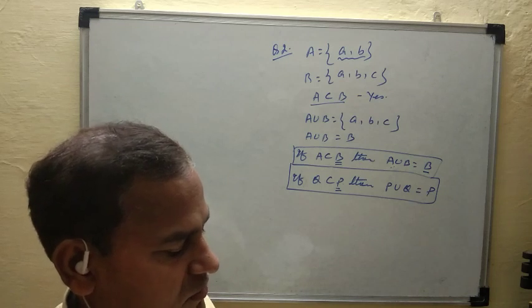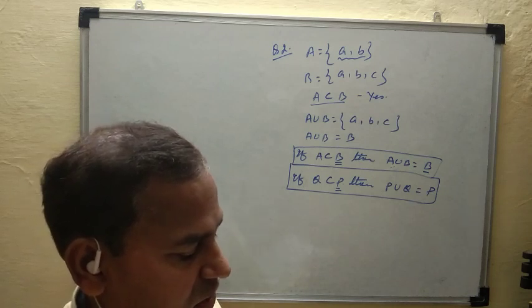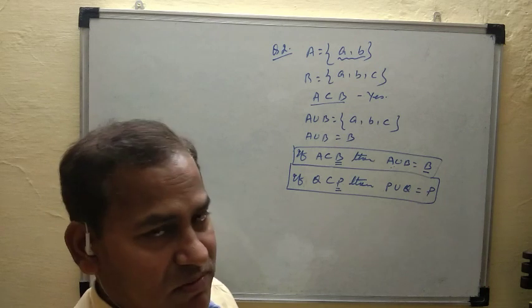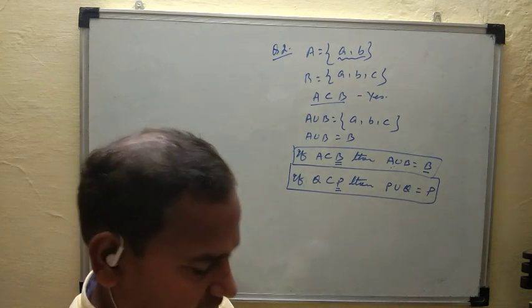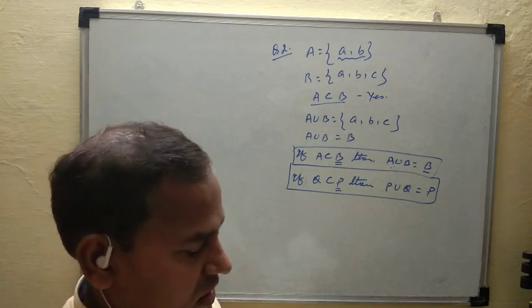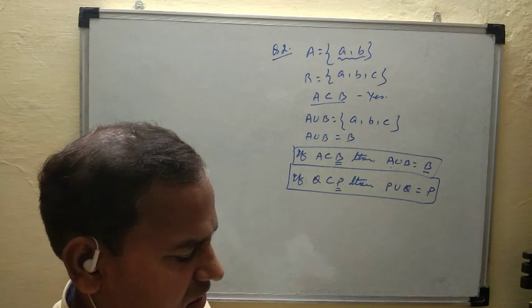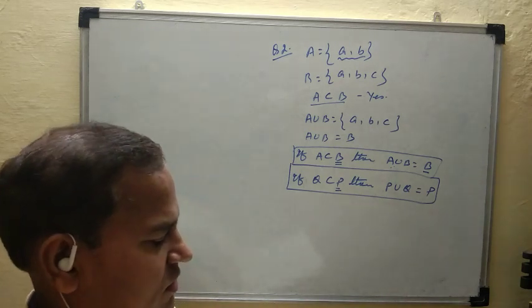Question number 5: find the intersection of each pair of the sets in question number 1 above. Same as before, find the intersection, that is the common elements. Intersection means common elements. And question 6: A given, B given, C given, D given, find all their intersections.